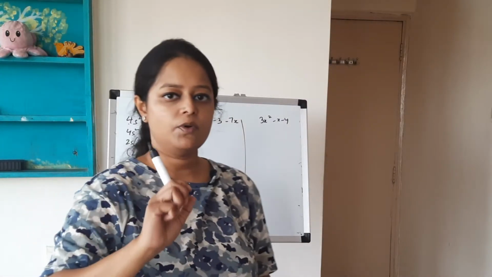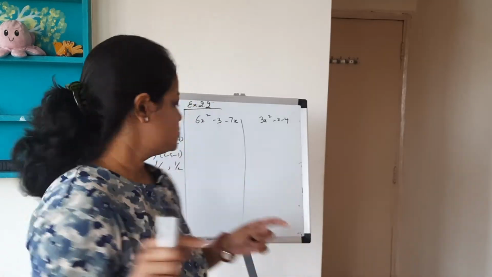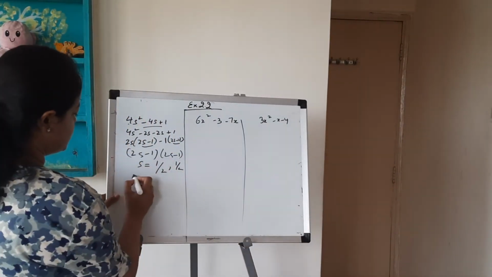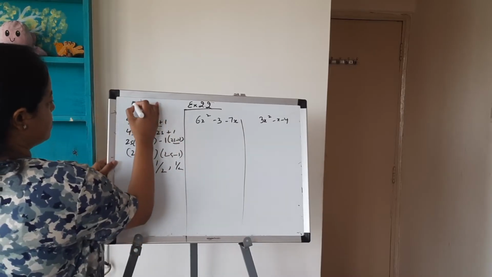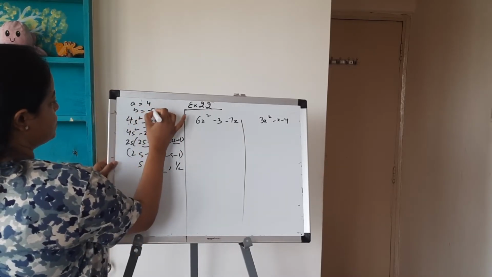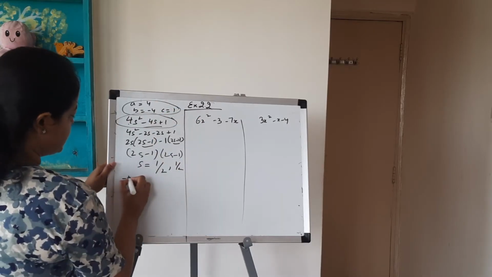So it will hit only one point on the x-axis, but the solutions would be 2, which is 1 by 2 and again 1 by 2, right? So what is alpha plus beta? First we identify a, b and c here. A is 4, b is minus 4, and c is 1. So what is minus b by a?